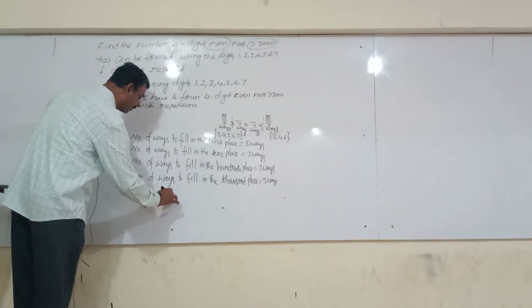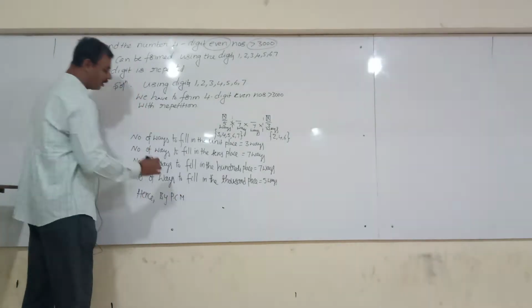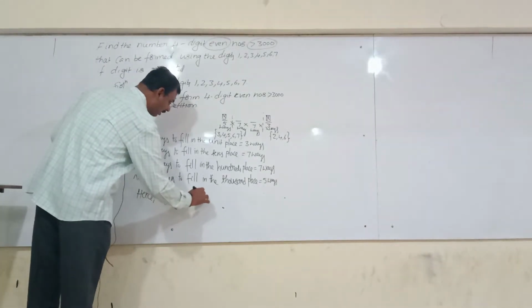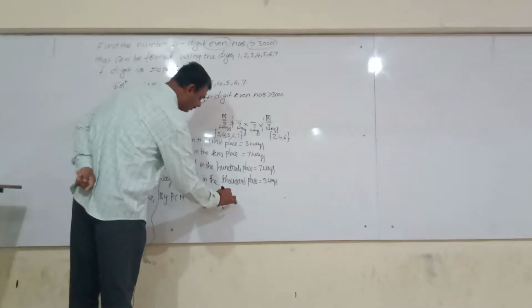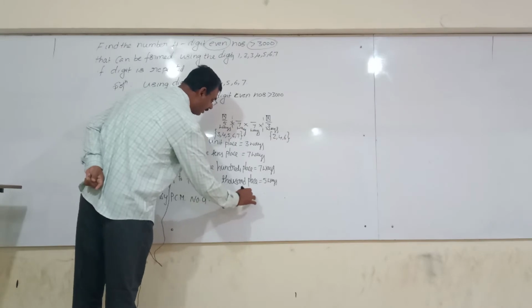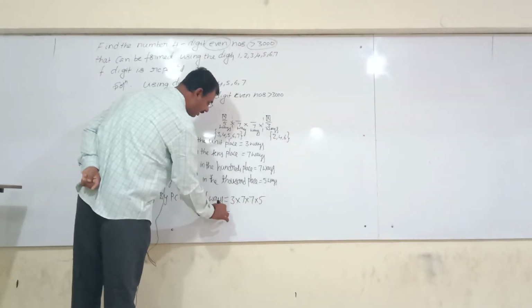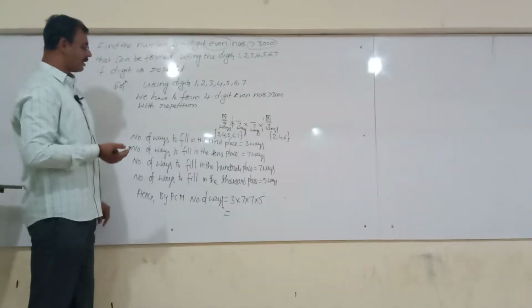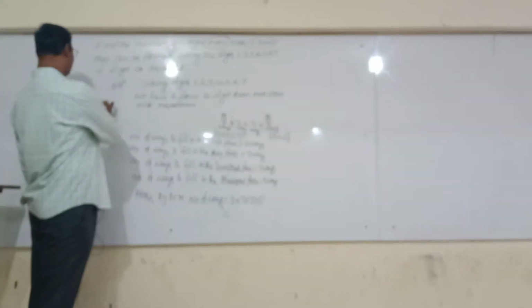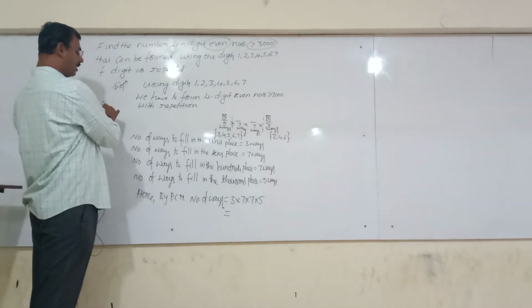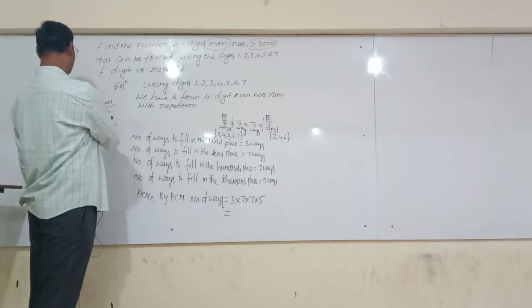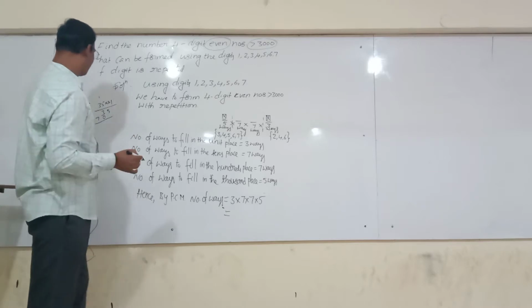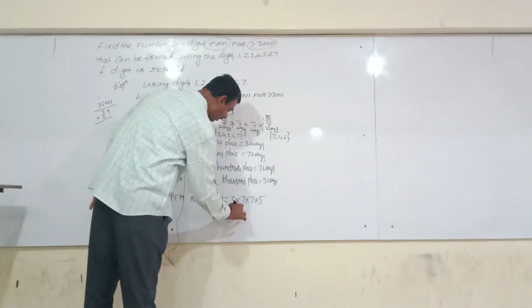by the fundamental principle of multiplication, the total number of ways is 5 into 3 into 7 into 7. 7 into 5 is 35, into 7 into 3 is 21, multiplied by 5 gives 735 ways.